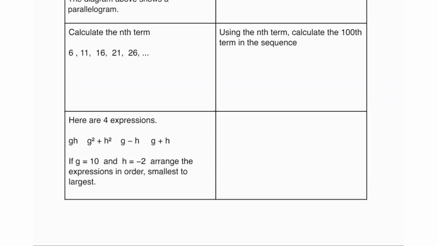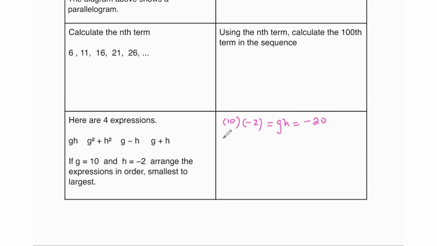Then it says here 4 expressions: GH, G squared plus H squared, G minus H, and G plus H. If G equals 10 and H equals -2, arrange the expressions in order, smallest to largest. So if we substitute in GH, the first one is going to be 10 times -2, which is -20.